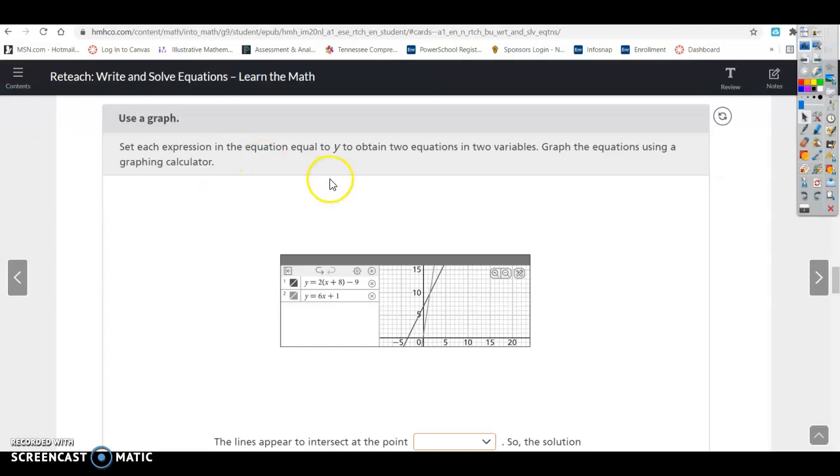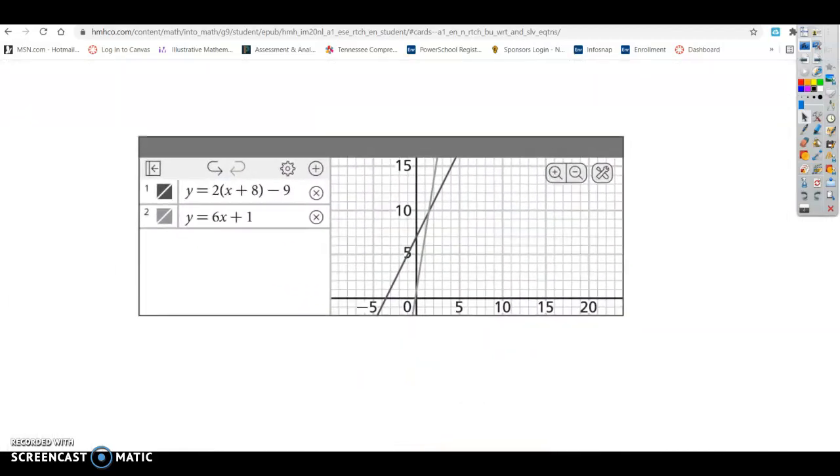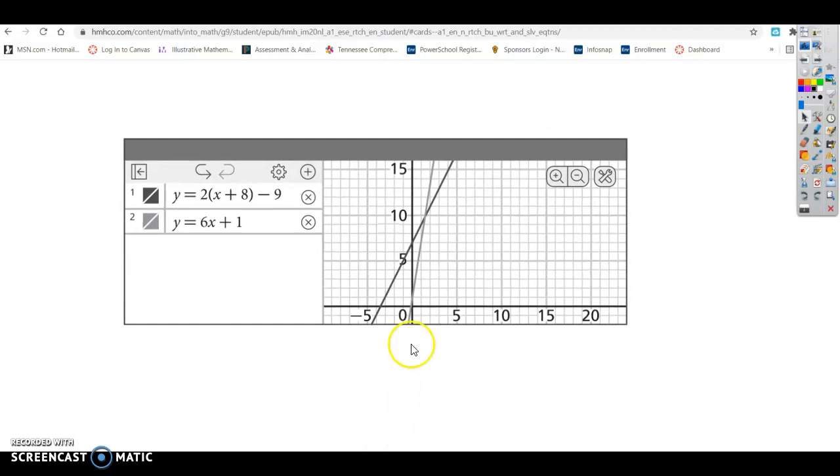So it says set the expression in the equation equal to y, to obtain two equations, and graph the equations using the graphing calculator. I don't know if this is a TI-84 calculator or the Desmos version, but they've got a screenshot here of a calculator. So let's blow this up a little bit so you can see it better.